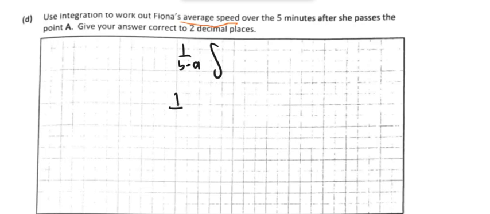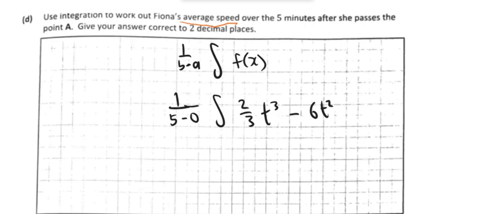In this case it's from 0 minutes to 5 minutes, so a is 0 and b is 5. Then we do the integral of the function, 2 over 3 t cubed minus 6t squared plus 13t plus 109.